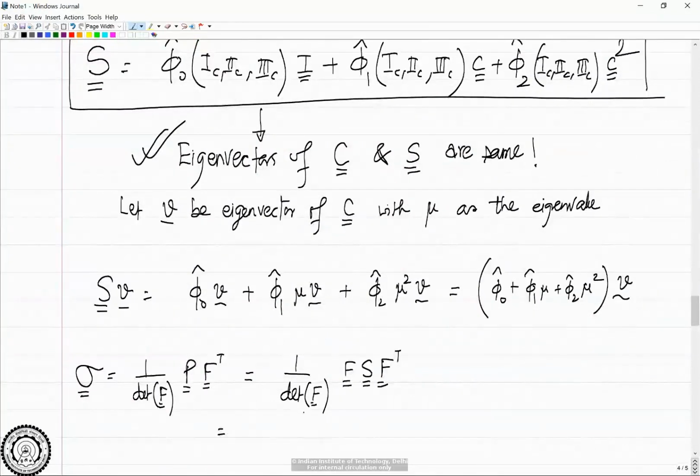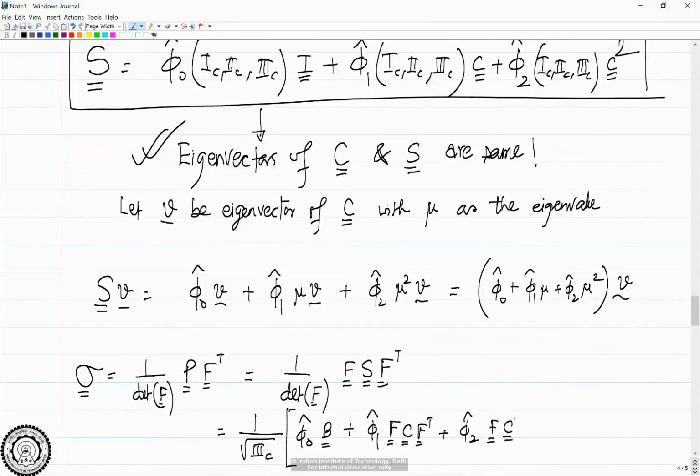1 by det F is, by the way, the square root of I3C. So it is 1 over the square root of I3C into phi naught hat into FF transpose, which is B, plus phi 1 hat into F into C into F transpose, plus phi 2 hat into F into C square into F transpose.